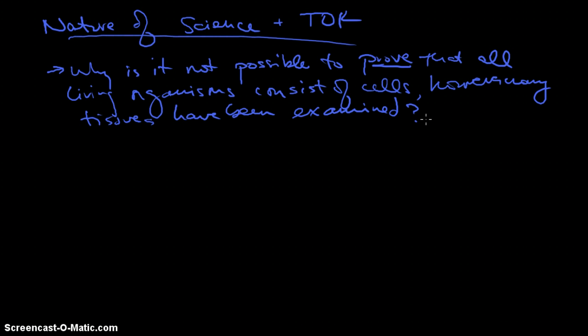So why is it that we can't ever prove that all living organisms are made of cells, no matter how many tissues we look at in the future? Okay, I think that makes sense. So think about that. Maybe you have an answer for that. And think a little bit about what the definition of theory is and how we defined it earlier in the year.